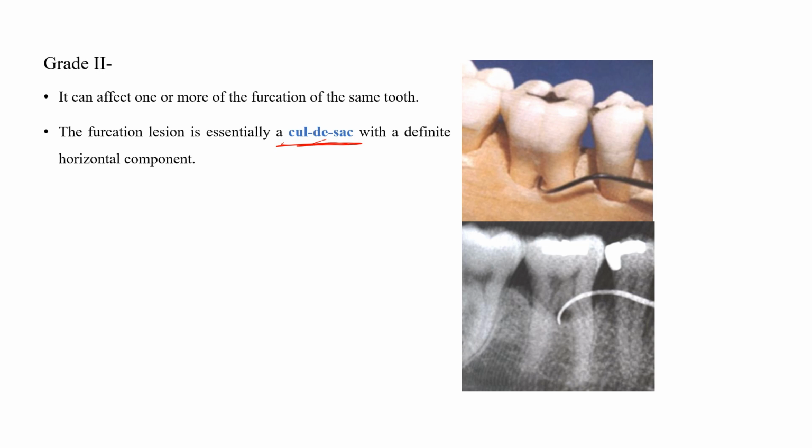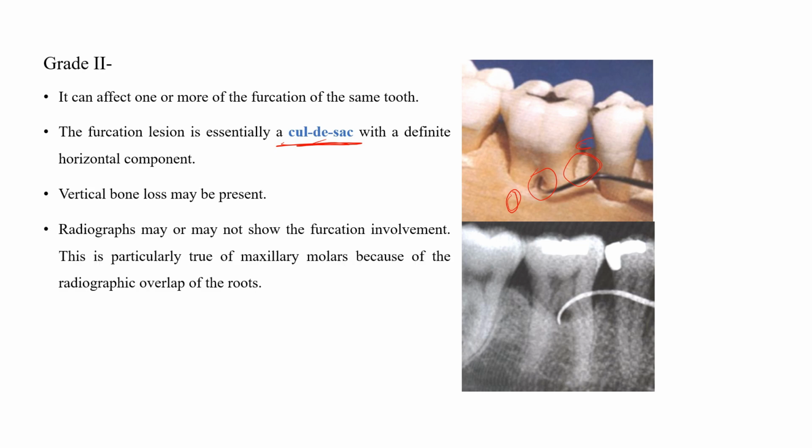So here the furcation from one end is open but it has not involved the other entrance, so it is closed from the other entrance. This is the closed end and this is the open end. So it is a cul-de-sac type. Vertical bone loss may be present. Radiographs may or may not show the furcation involvement.